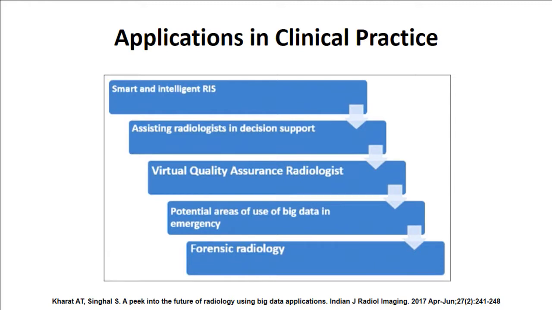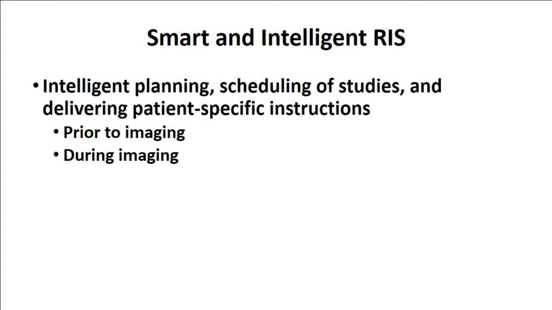This slide here just goes through some of the areas that big data maybe can potentially help us, in areas that may come into a radiology department relatively soonish. The first thing is talking about a smarter, more intelligent risk assessment, which is something that I've already talked about. So we may have the potential of more intelligent planning or scheduling and delivery of patient-specific instructions, prior to imaging.